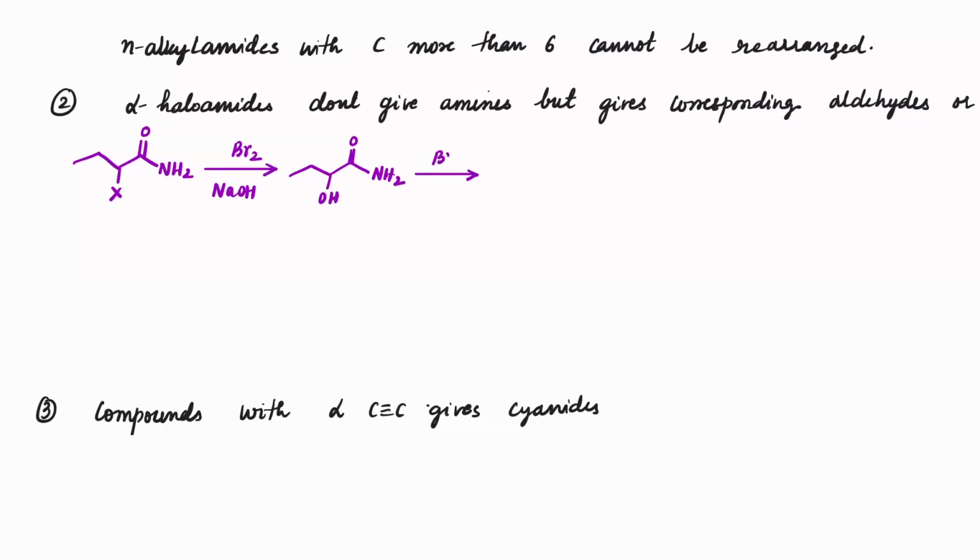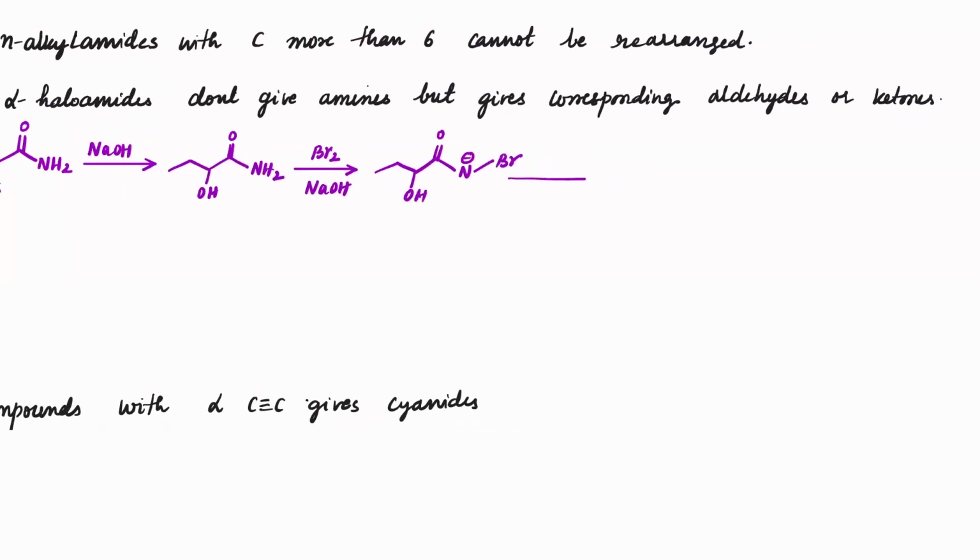Then, as you react with Br2 NaOH, but I'll not write Br2 here because we have to use a basic medium anyway, with this Br2 NaOH we now get C double bond O and N minus and Br. I'm directly writing this Hofmann rearrangement step. From here, this part will move on to nitrogen, it will close to the double bond, and remove Br. So this is the rearrangement.